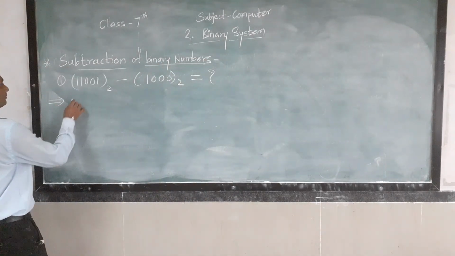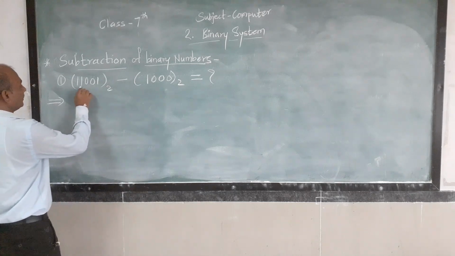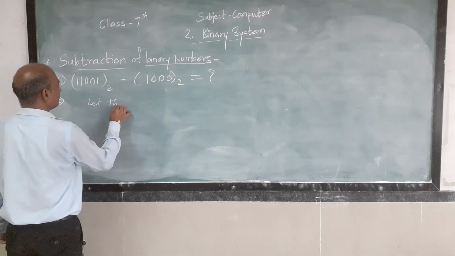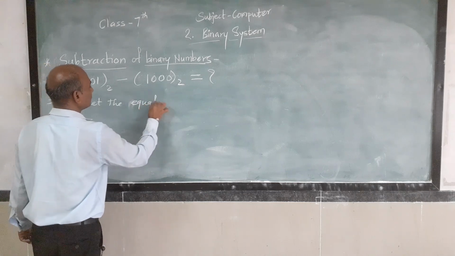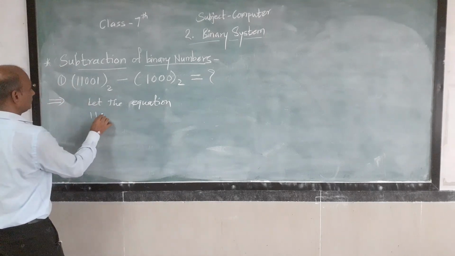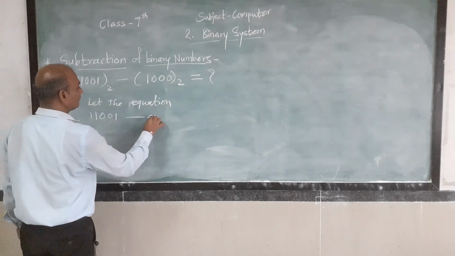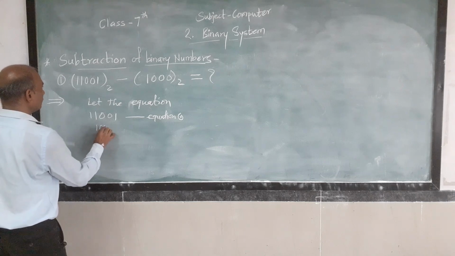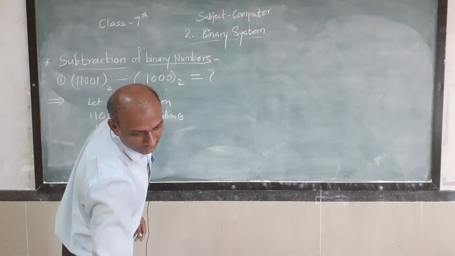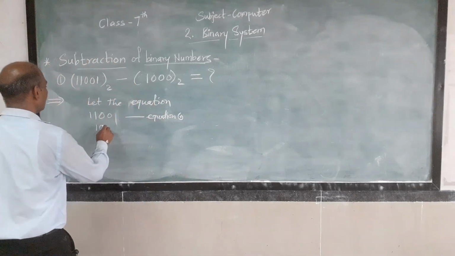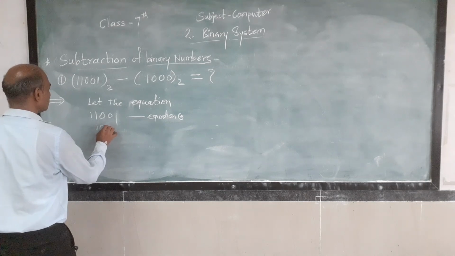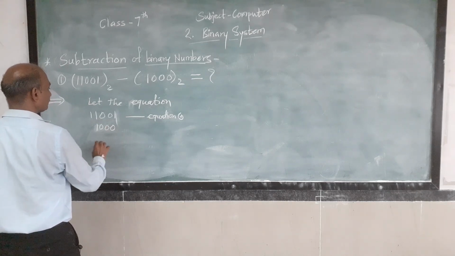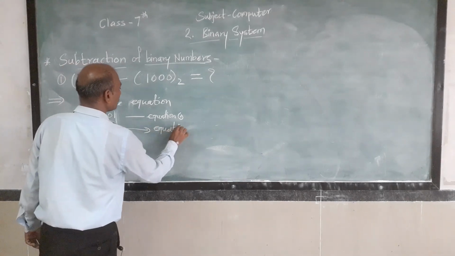So we start now. First, take both the numbers. 1 1 0 0 1 is equation 1, and 1 0 0 1 is equation 2.